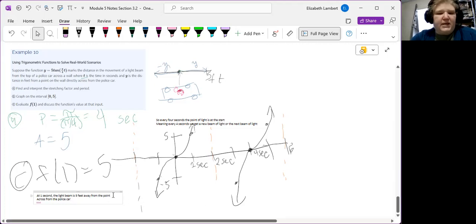English sense is kicking in, so from the point on the wall across from the police car.